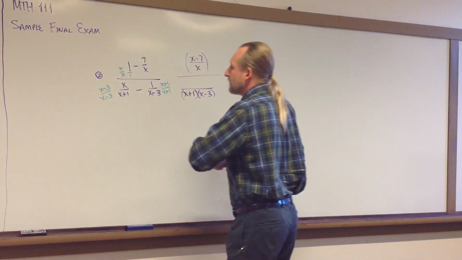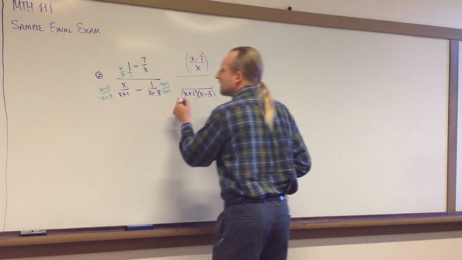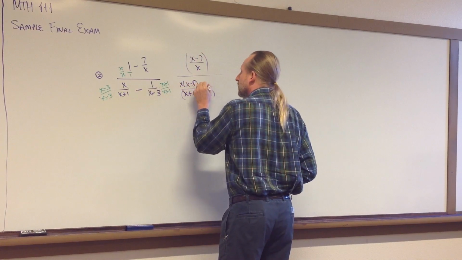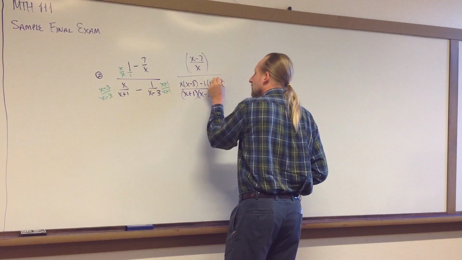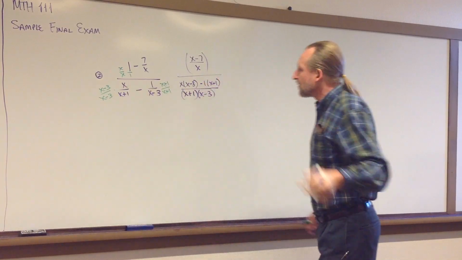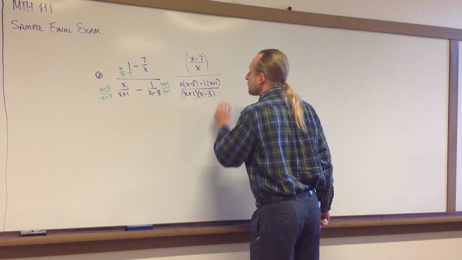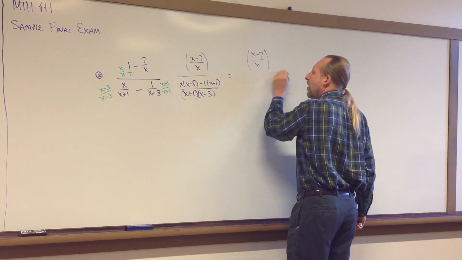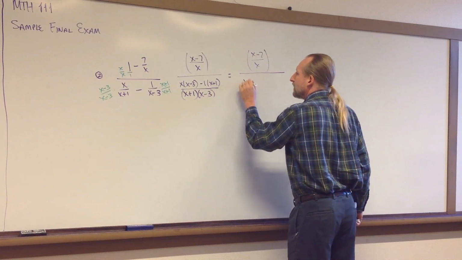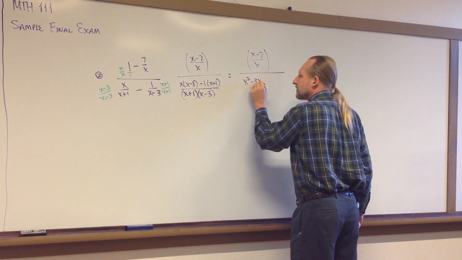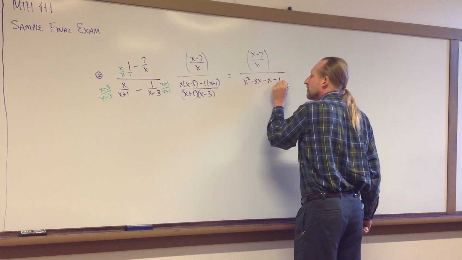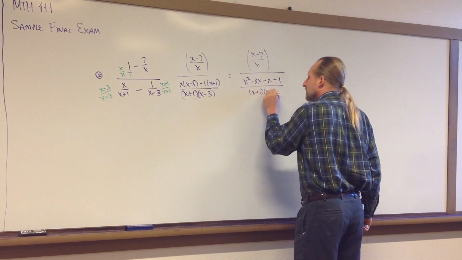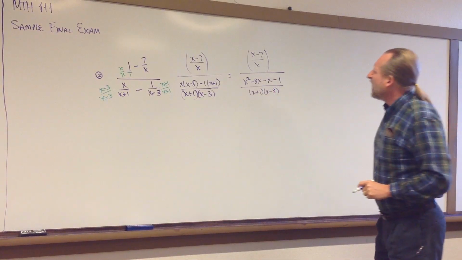And so as a result of that, we get x times (x minus 3) minus 1 times (x plus 1), or just minus parentheses x plus 1. So the top stays the same, and then on the bottom we get x squared minus 3x minus x minus 1, and then (x plus 1) times (x minus 3). Let's see here.